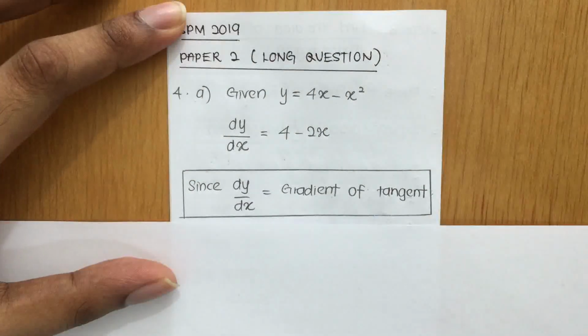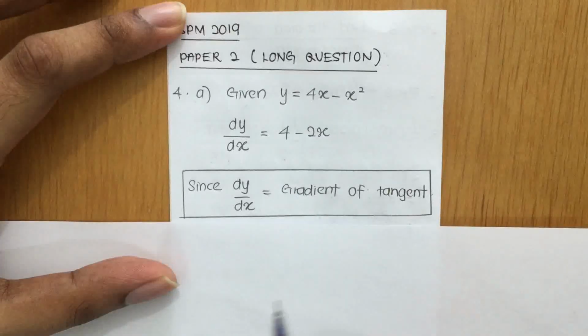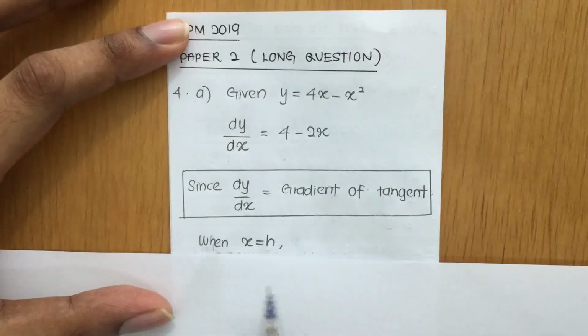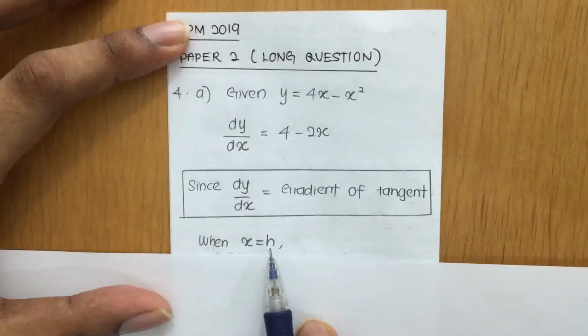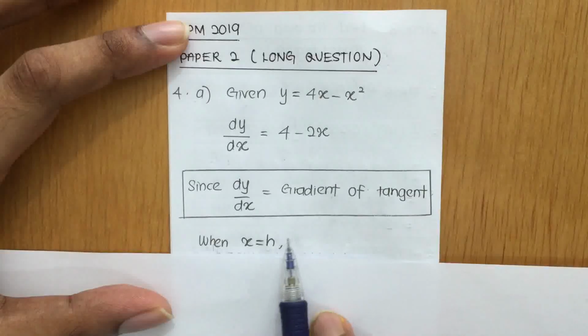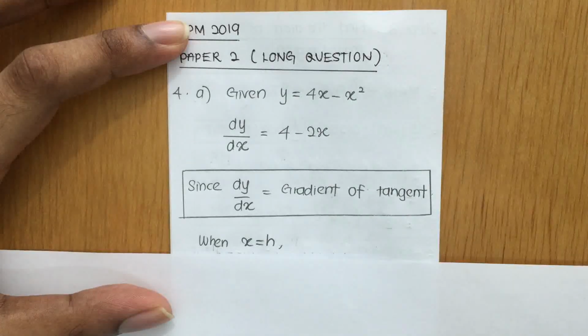Since dy/dx is the gradient of the tangent to the curve, when x is equal to h, you need to find y in terms of h and dy/dx in terms of h. Why am I doing these two values? Please hold on guys, stay with me. I'm going to give the explanation later in this video.